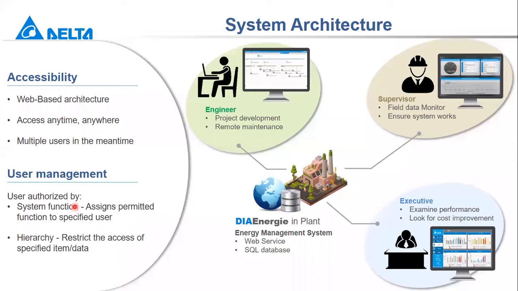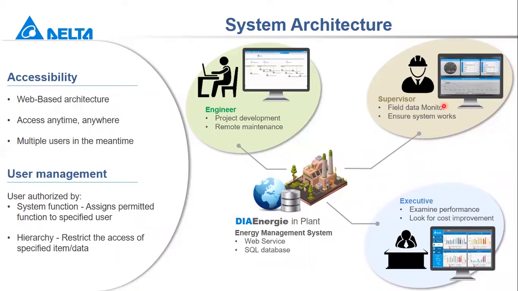And also we do have authorized control. For example, if it's an engineer, he will focus on the project development and the remote maintenance, like the daily work. So he will focus on part of the system.